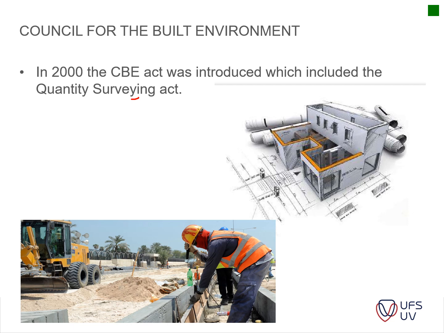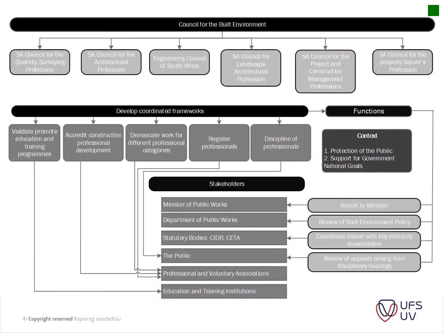It is after 2000, and we're still governed by mostly the 2000 regulations that govern the different role players in the construction industry, and under which all of the associations or all of the councils fall. So this diagram is very important in your book, and you will definitely get a question some other time on this.